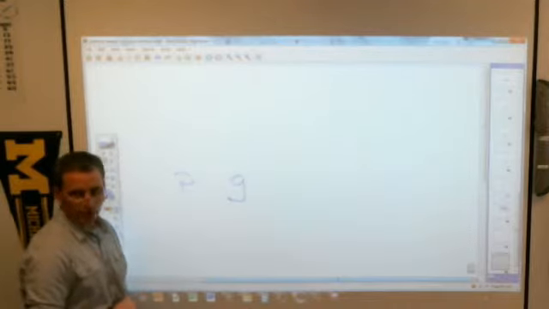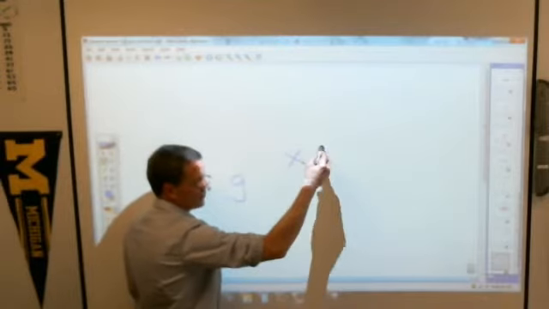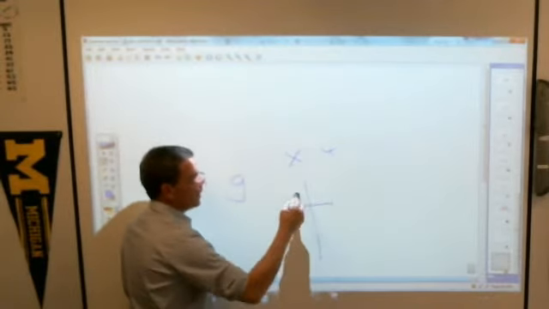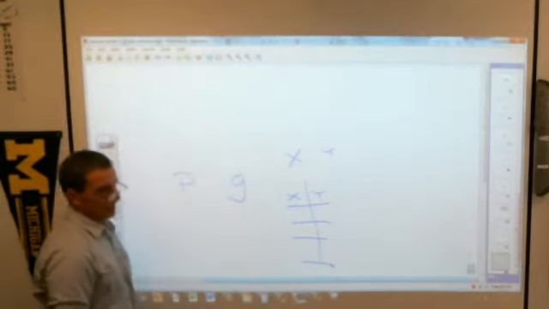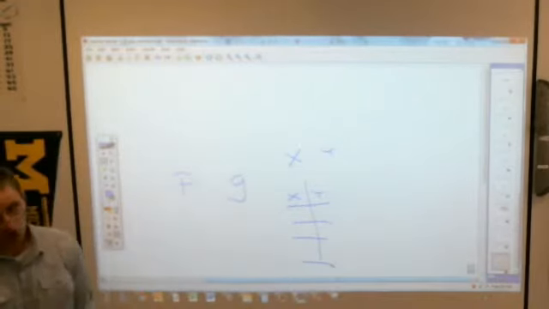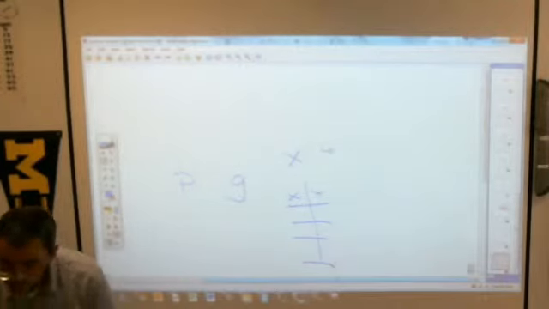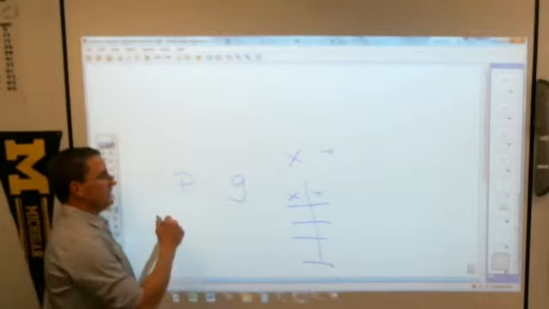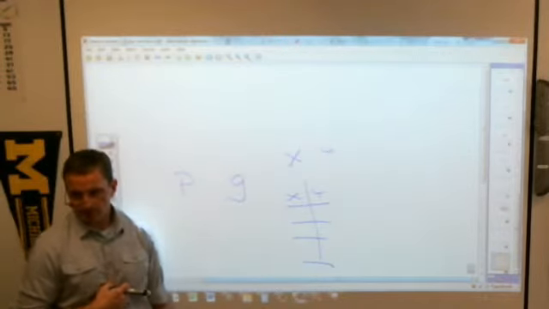Which one would be our x number, which one would be our y number, which one would we put in the first column, and then figure out the one in the second column?